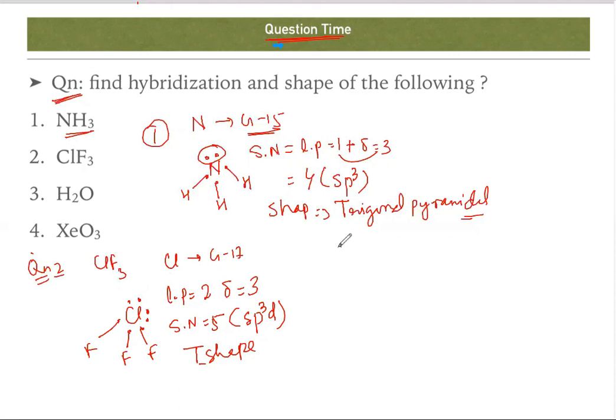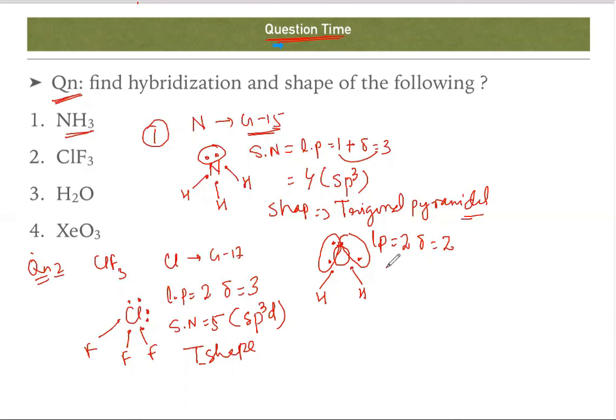Next, water. Oxygen belongs to group number 16, so 6 electrons. 1, 2, 3, 4, 5 and 6. How many sigma bonds will it form? It will form 2 sigma bonds. How many lone pairs? This is one lone pair, this is also another lone pair. So lone pair is 2, sigma bond is 2.